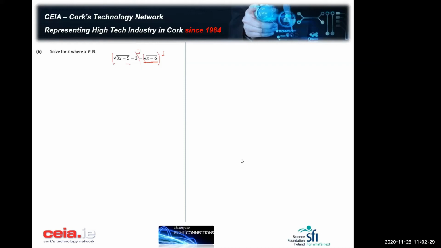What you do is you square both sides, so you have the root of 3x minus 5 minus 3, by the root of 3x minus 5 minus 3. And that's equal to x minus 6, because the square there has cancelled the square root, but not in this case, because you've got two parts, like an a and a b.